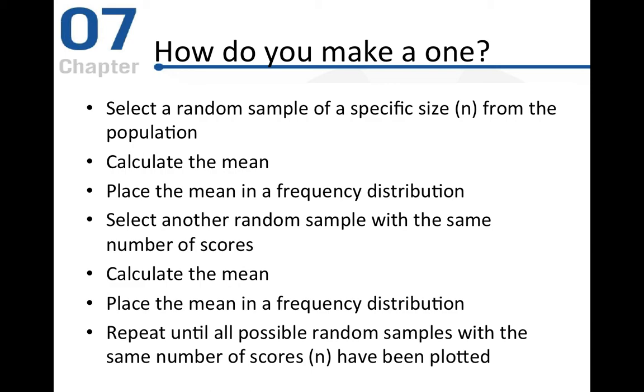You calculate the mean. You place the mean in the same frequency distribution as the initial mean. You repeat until all possible random samples with the same number of scores have been plotted. After doing that, you will have made your sampling distribution.